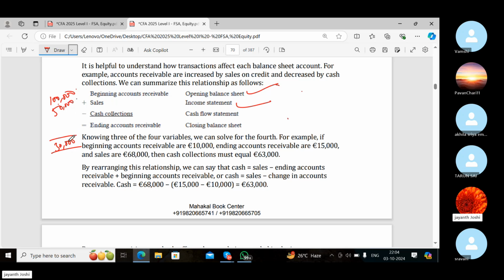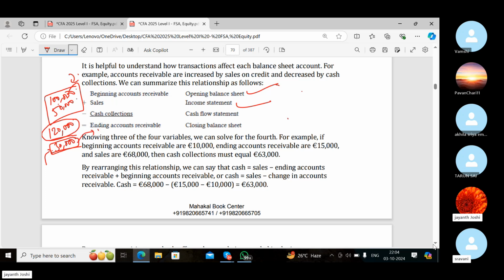And 30,000 is what you still have to collect at the end of the year. That means how much you collected? 1,20,000 you collected. 150 you were supposed to collect, and 30 you are supposed to collect at the end of the year. That means from 150, 120 has been collected. That's the reason why 30 you are showing.